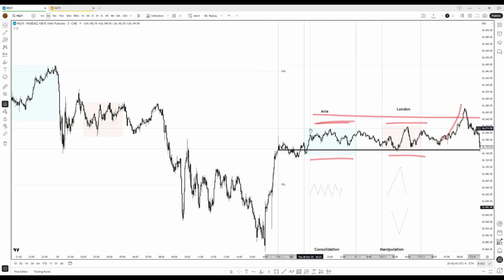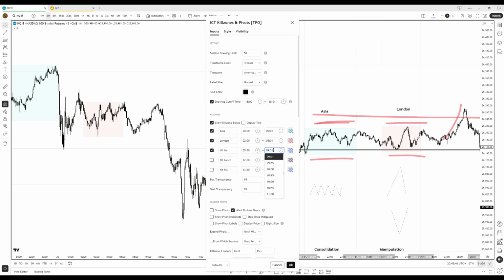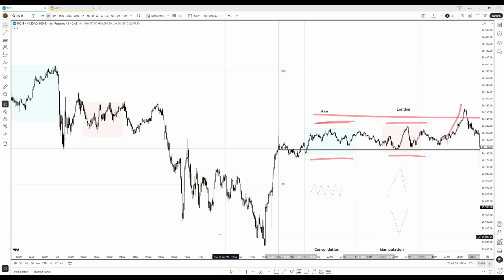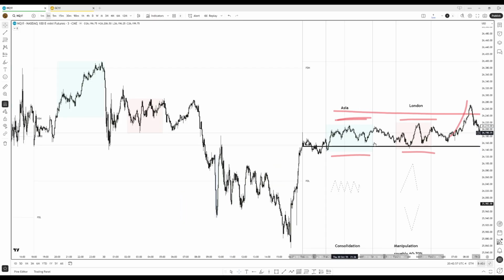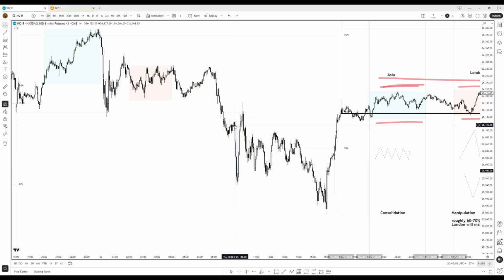Nope. I'm going to put just enough for us to see a little vertical line here, just to separate it out. Okay, so it's over here, you see? So this is just representing the start of New York.